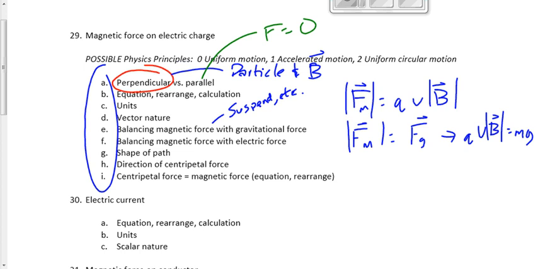Sometimes it may be an electric field that's balancing it. And if it's an electric field that's balancing it, then we're going to have to set the magnetic force equal to the electric force. You have to look at context there.